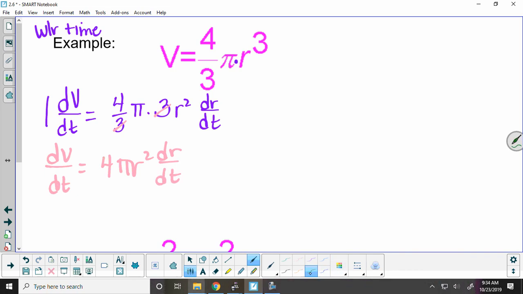Back to variables. There is an r in this equation. What does r represent? If I gave you a diameter, could you get down to the radius? Okay. So this means we're going to have a rate dr over dt. And what does that rate represent?